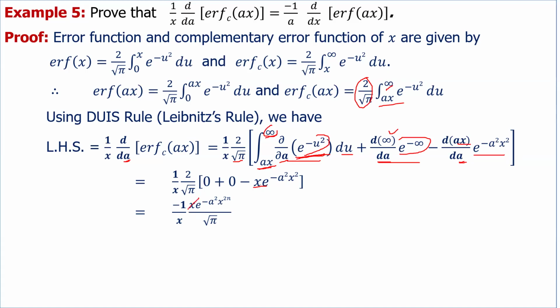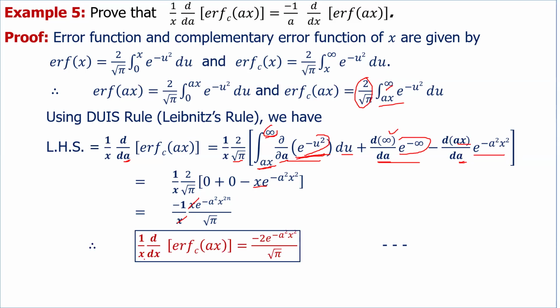The x and x cancel. So 1 upon x times the derivative of the complementary error function is equal to minus 2 e to the power minus a square x square upon root pi. This is the value of the first part.